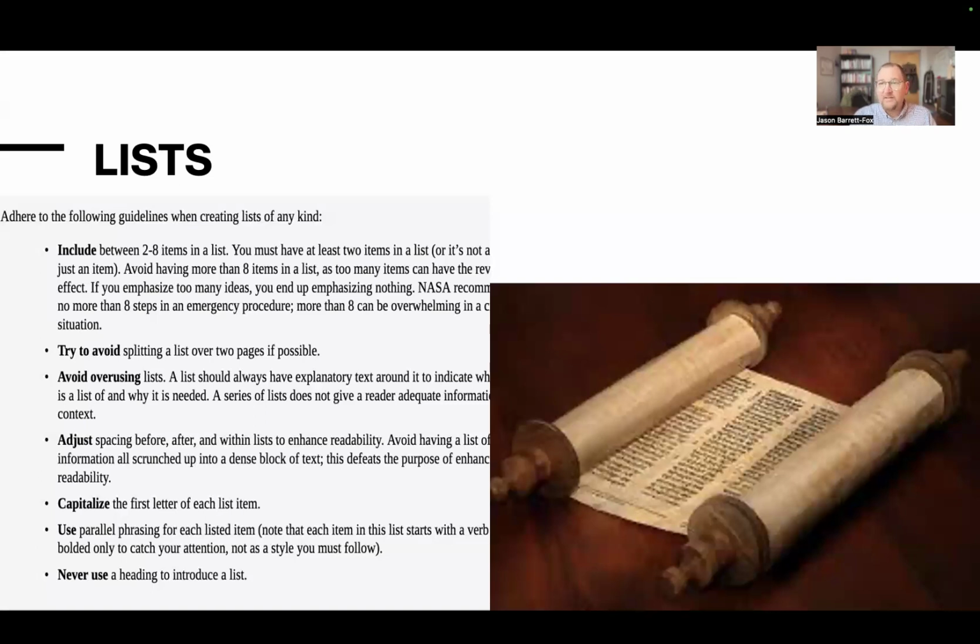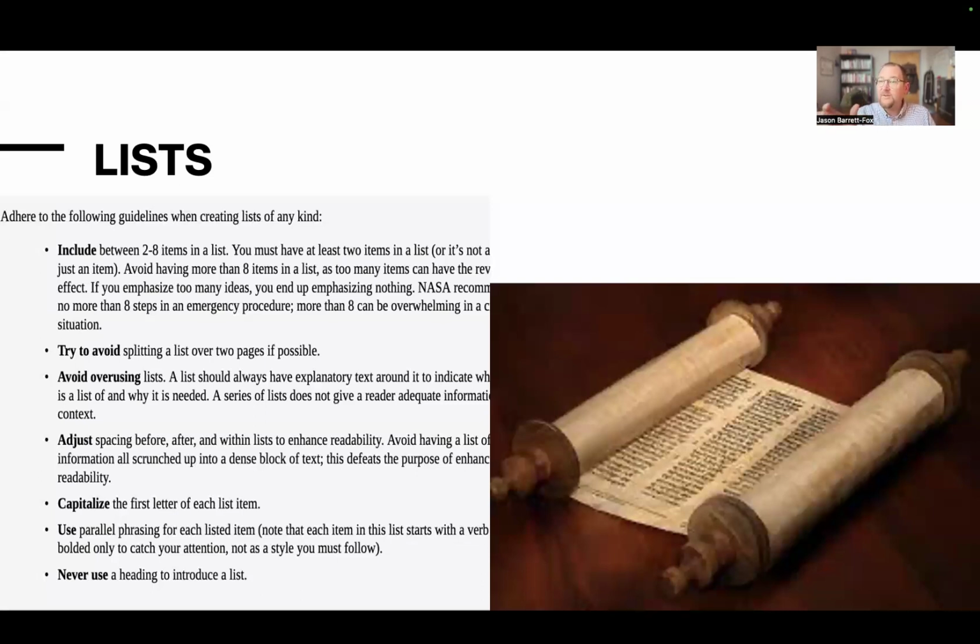She also recommends avoid pushing a list over 2 pages. She says avoid overusing lists, adjust the spacing of lists, capitalize the first letter of every item on the list. And as I said before about section headings, it's also important for the members of your list to use parallel phrasing in each item of your list.